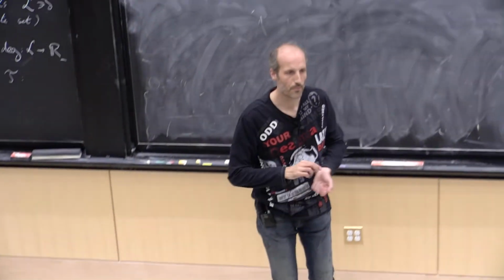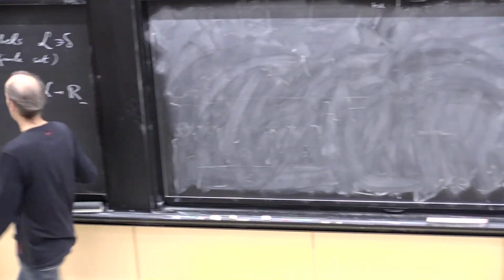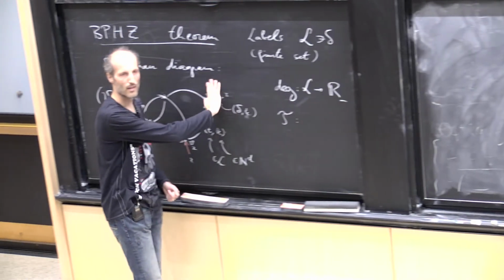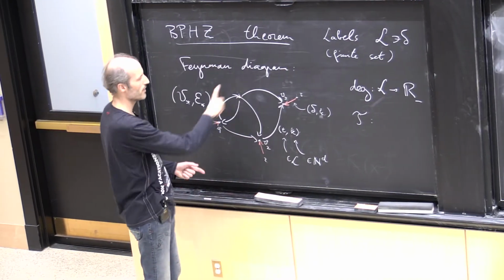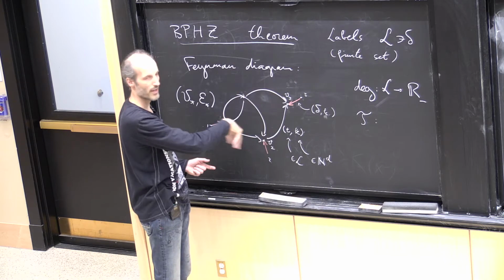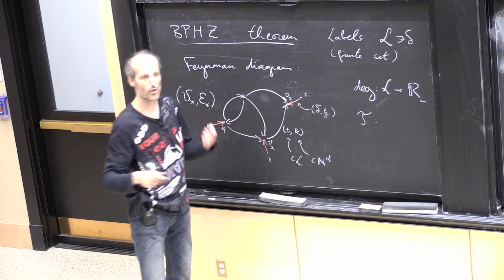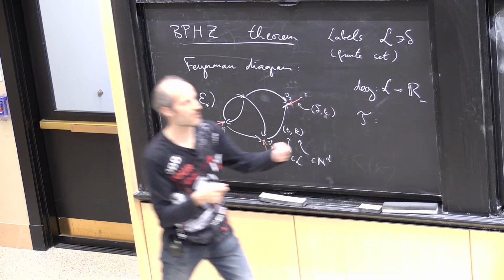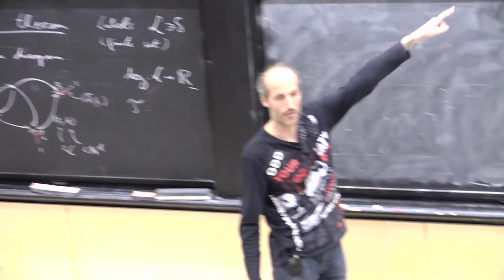Then there's a second property that I want, concerning deleting legs. If you have a Feynman diagram like this, it always gives you a distribution which is translation invariant. Everything was always just functions of differences of arguments, except in the test function itself.